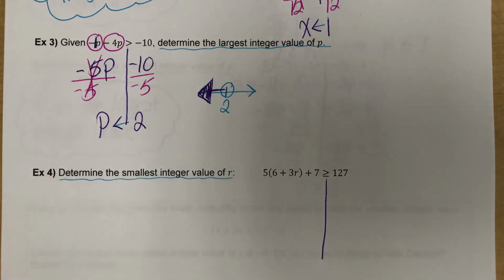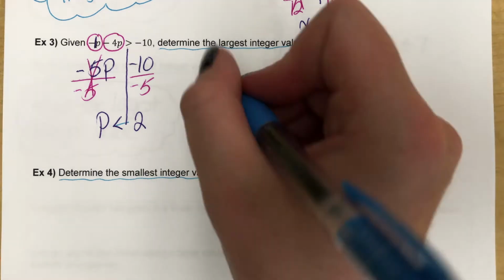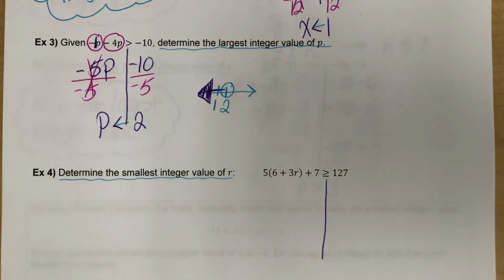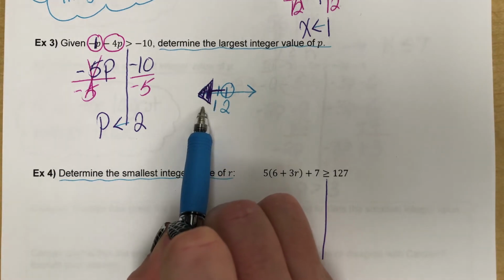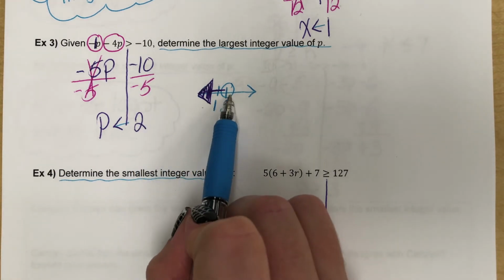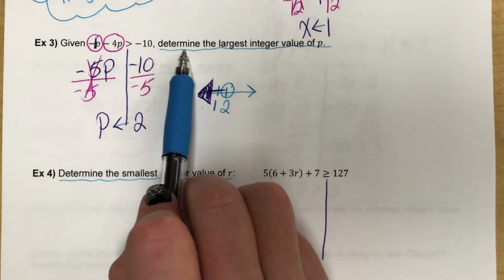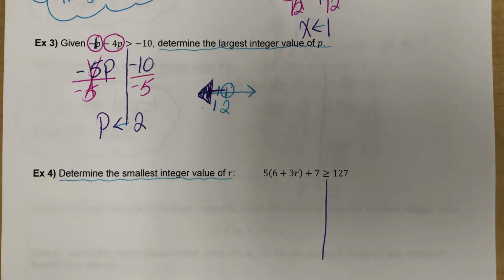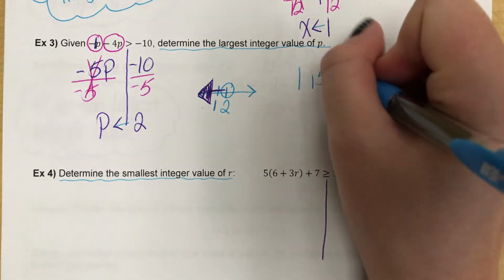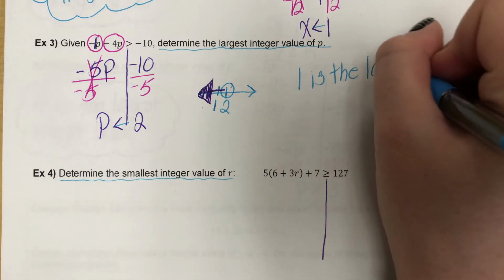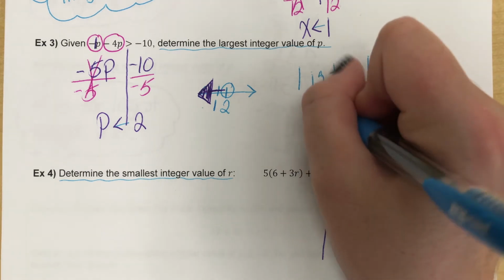That's going to be my answer, that next available number. Well, on a number line, I know 1 comes before 2, right? I'm getting smaller. 2, 1, 0, on and on. So if 2 isn't the answer, that means 1. 1 would be the answer. So determine the largest integer value. 1 is the largest integer value.